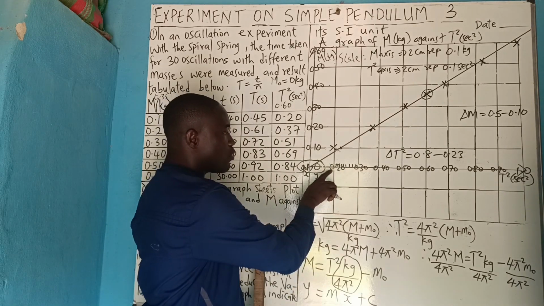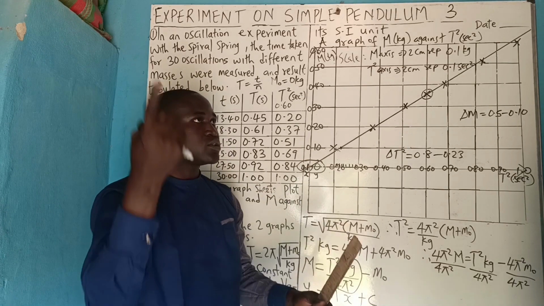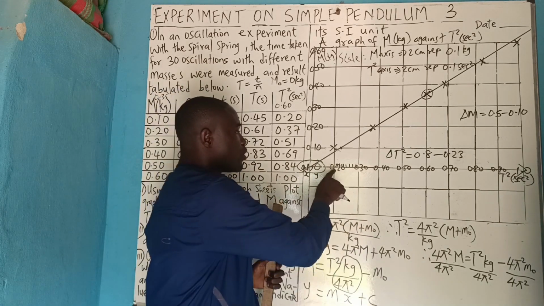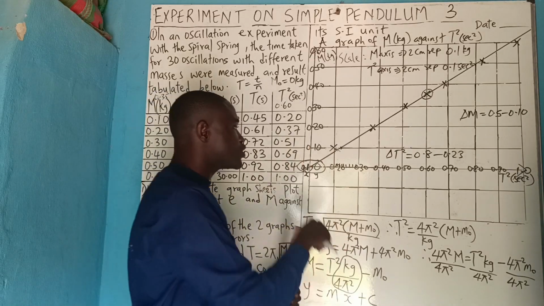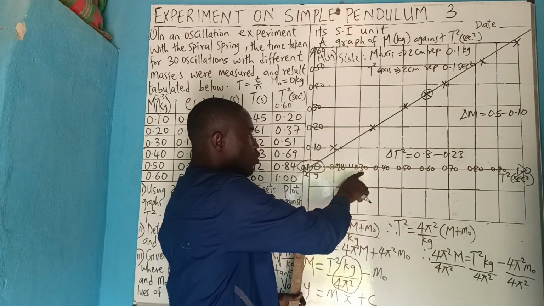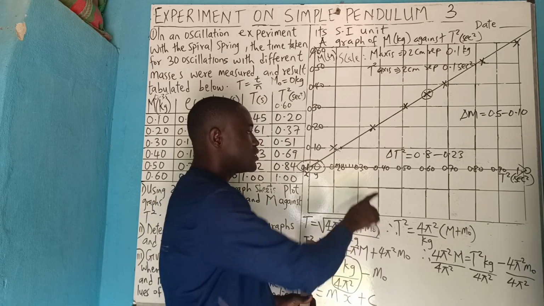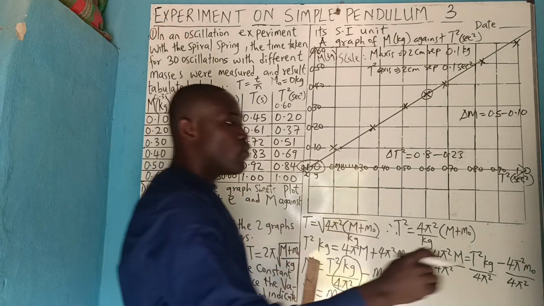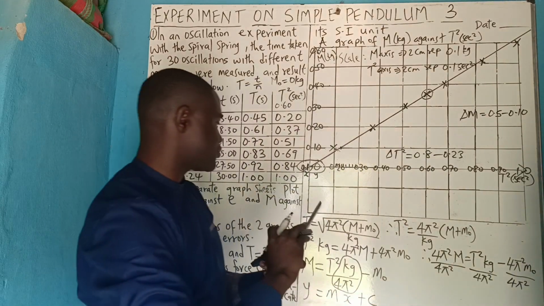Then you now say 0.2 plus 0.01, 0.21 plus 0.01, 0.22 plus 0.01, 0.23, like that till you get to 0.29 and 0.30. Okay, now we get our slope.